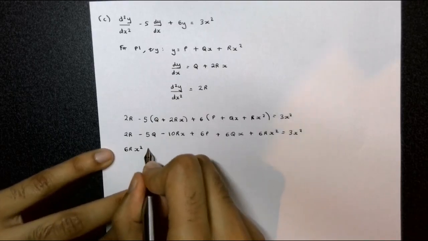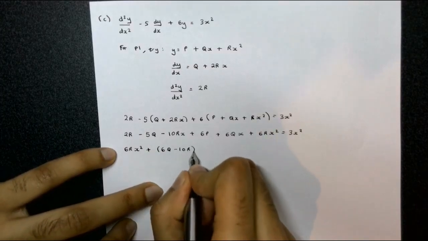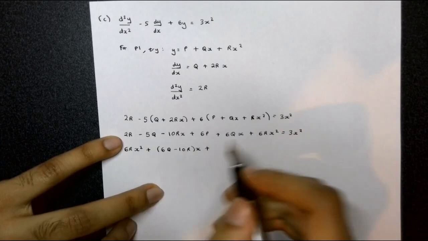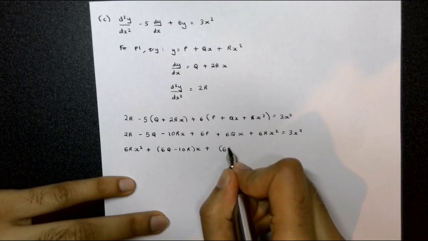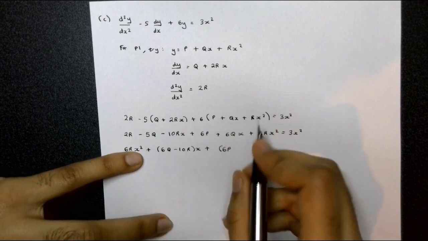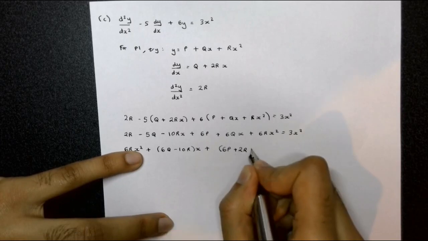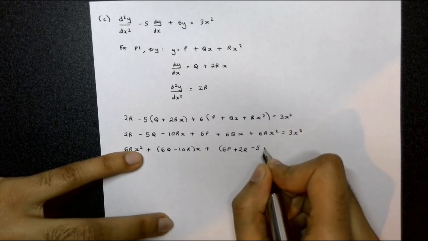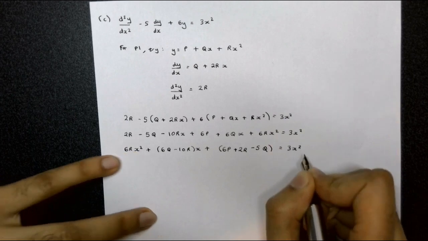So we add on 6q minus 10r x, and in terms of numbers only, we've got 6p, and then we've got 2r and minus 5q. So all of this is equal to 3x squared.